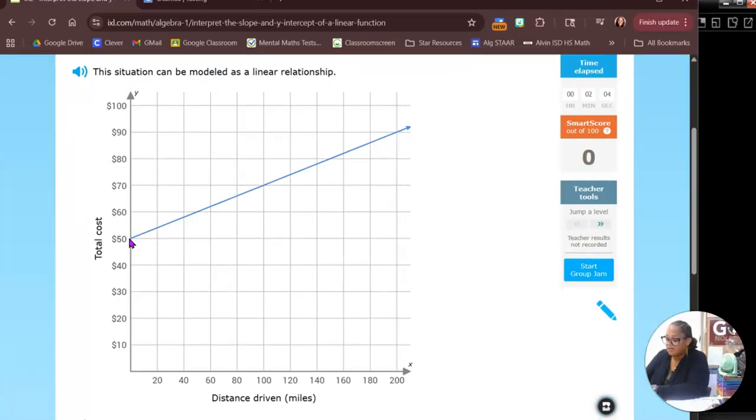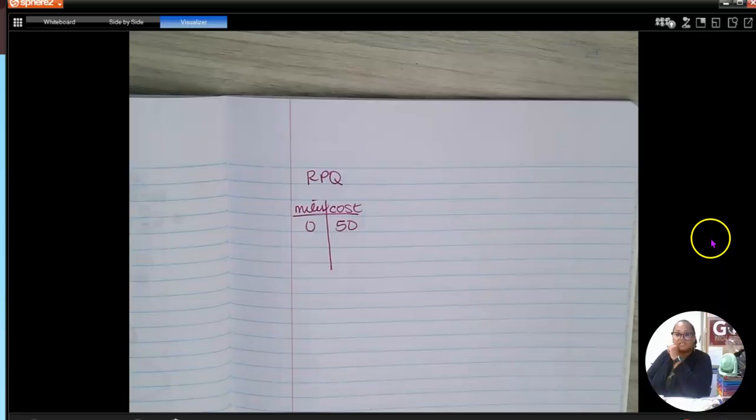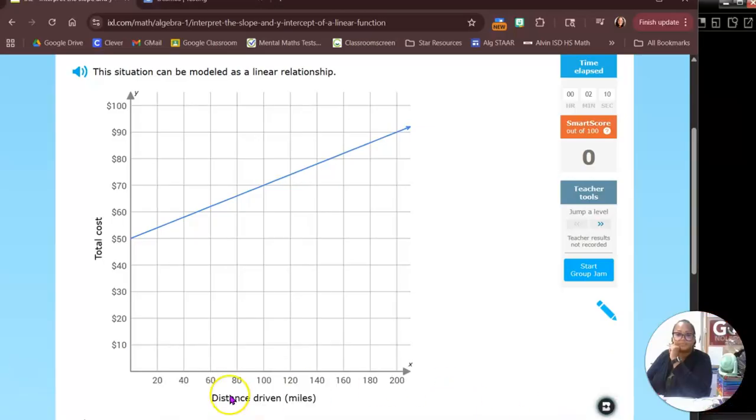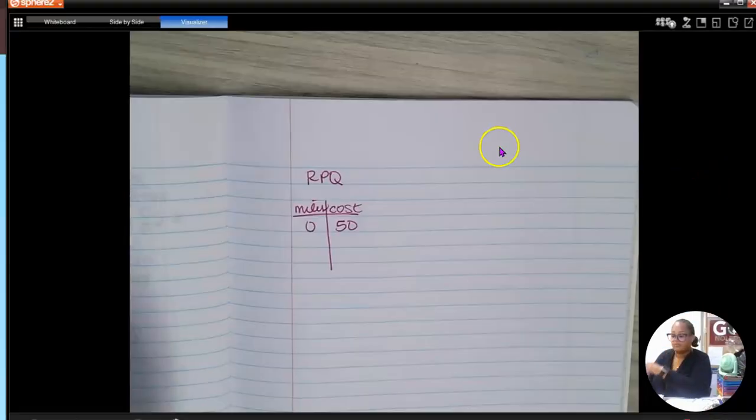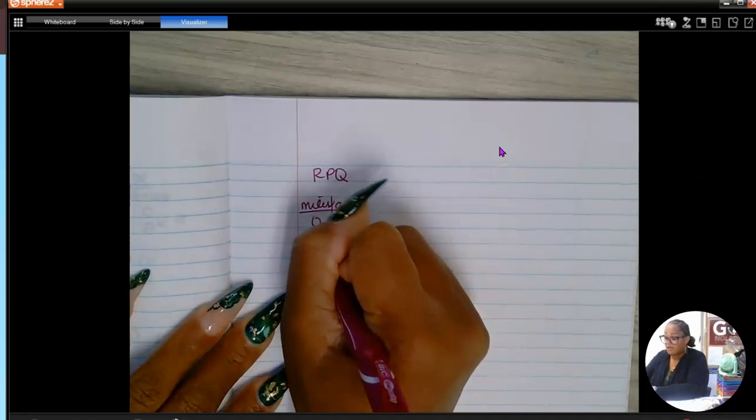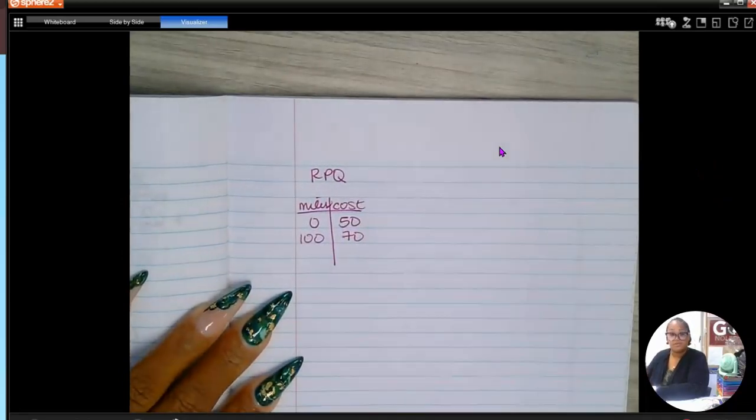So it's 0 miles, $50. That's my first coordinate pair. Now I have to go back and find another friendly point. That means this here because it goes through 3 lines, 1, 2 gray, and 1 blue. So that means after 100 miles, I have to pay $70. So I'm going to write 100 miles and $70.